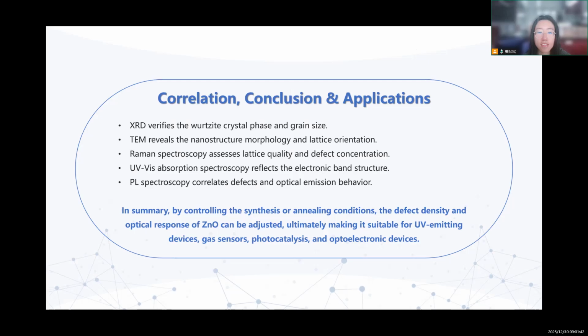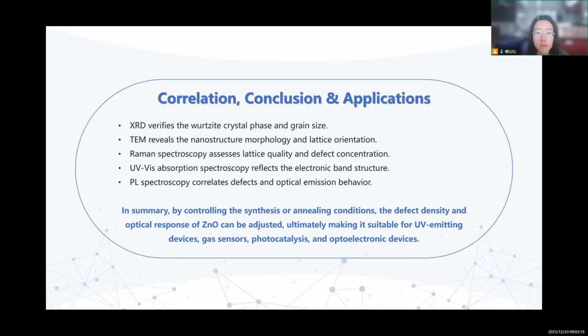Okay, the last is about correlation, conclusion, and application of zinc oxide. From the above, we know XRD verifies the wurtzite crystal phase and grain size. The TEM reveals the nanostructure, morphology, and lattice orientation. The Raman spectroscopy assesses lattice quality and defect concentration. The UV-Vis absorption spectroscopy reflects the electronic band structure.